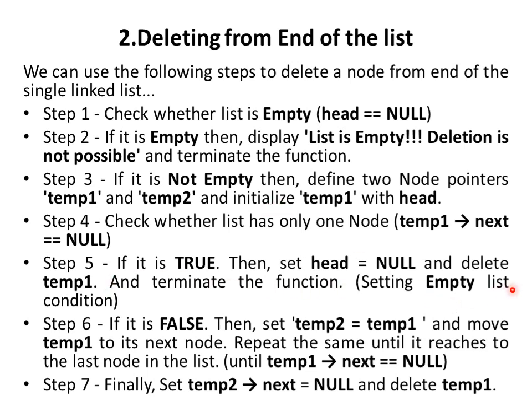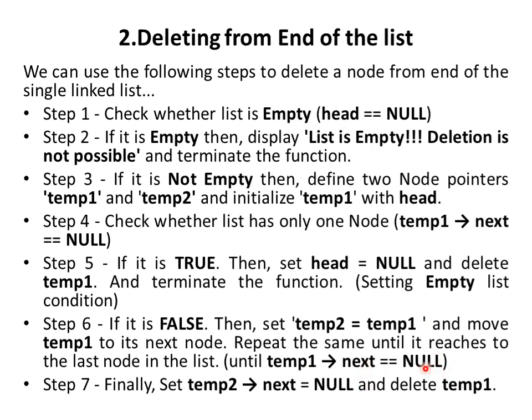After that, I am handling the empty list condition. Next, the sixth step: if it is false, then set temp2 equals temp1 and move temp1 to its next node. Repeat the same until it reaches the last node in the list. That means when temp1 of next equals null.